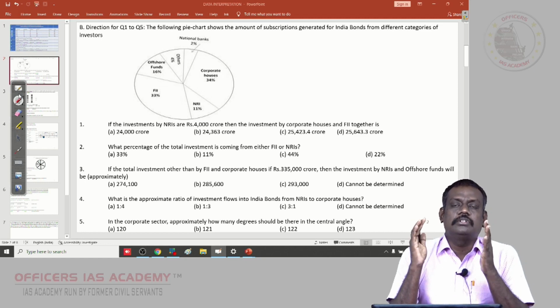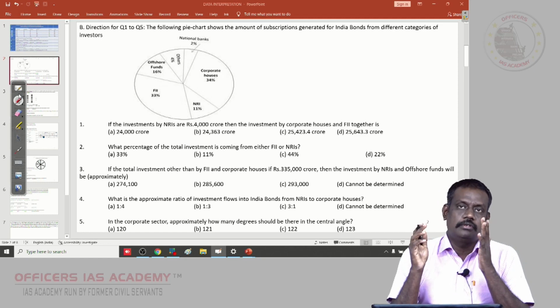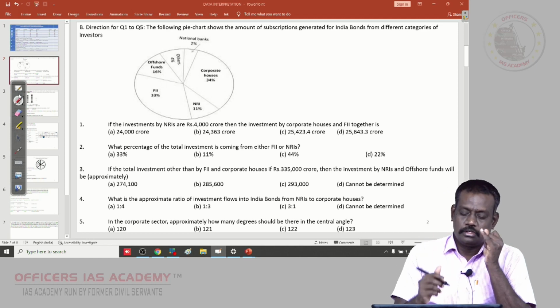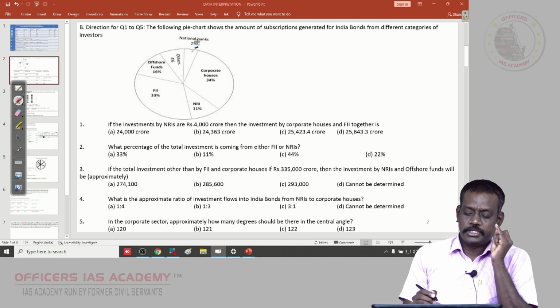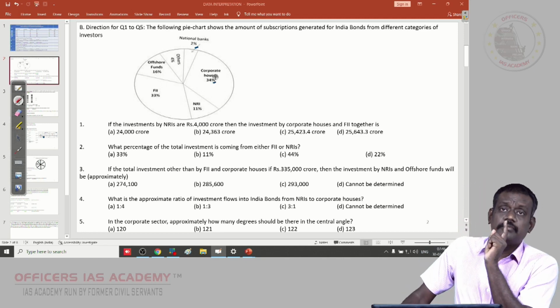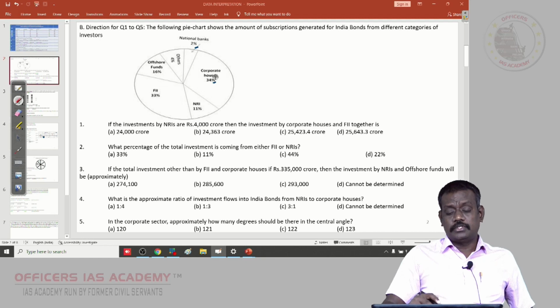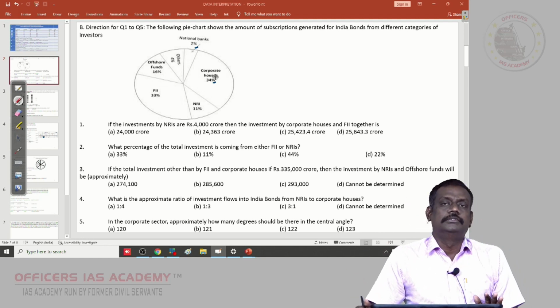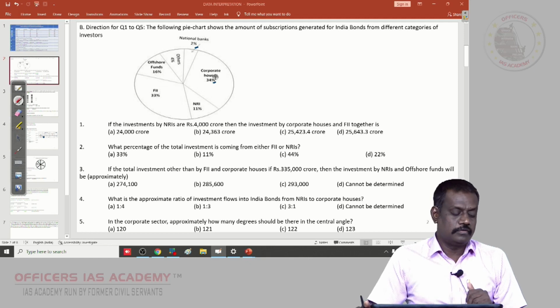Whenever you are given a question from pie chart, you have to check. If it is given in terms of percentages, as in this question, you have to check whether the sum of all the values given is 100. Understood? Sometimes they will give it in terms of angles, degrees.